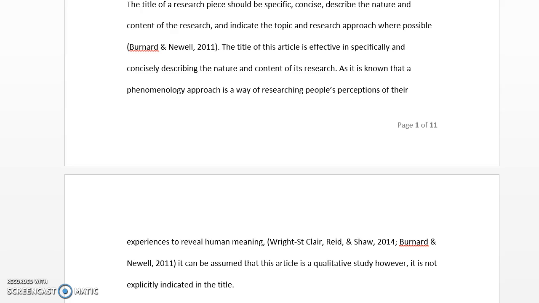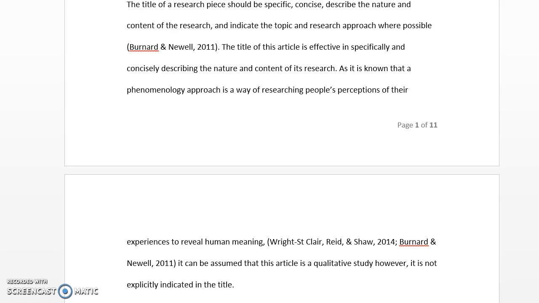The title of a research piece should be so and so, Bernard Newell. Lovely. So when you're telling the reader what should be in that particular component, like the title or abstract, you need to use a reference there. And she's used Bernard Newell. Lovely. She goes on to say the title of this article was effective in specifically and concisely describing the nature and content of its research.